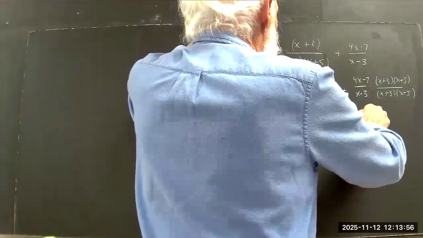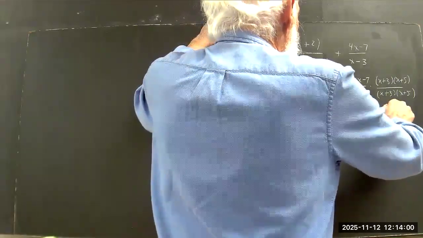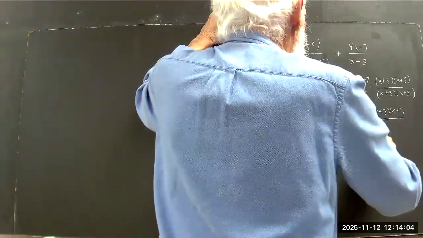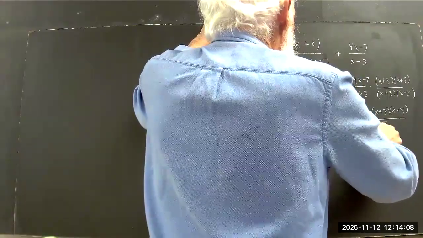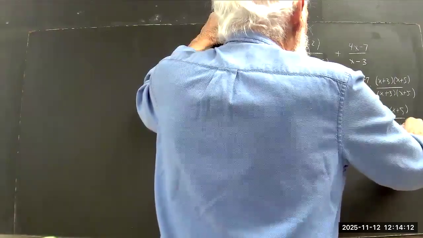Then plus 4x minus 7 times x plus 3 times x plus 5 over the quantity x minus 3 times the quantity x plus 3 times the quantity x plus 5.